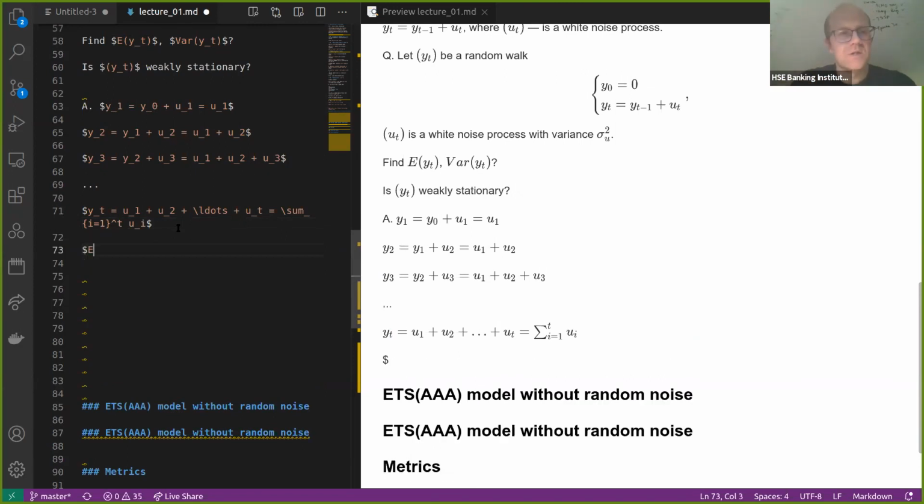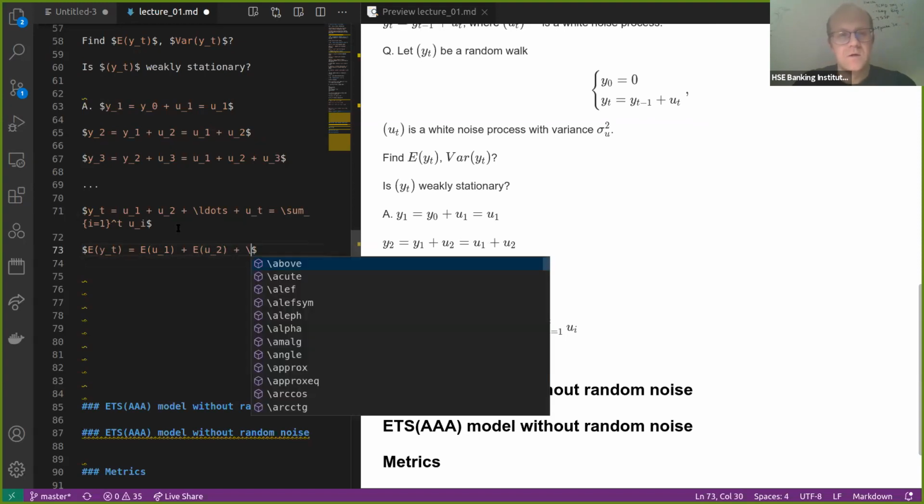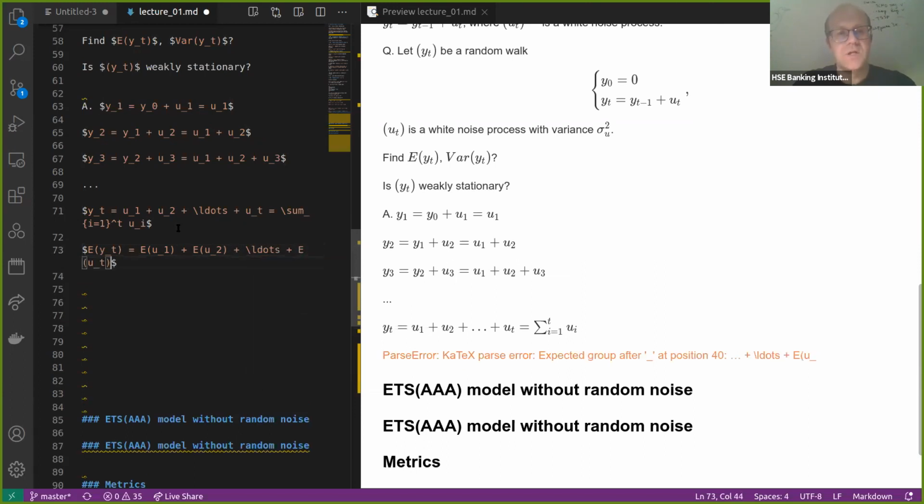The expected value of Yt is the expected value of U1 plus the expected value of U2 plus dots plus the expected value of Ut.